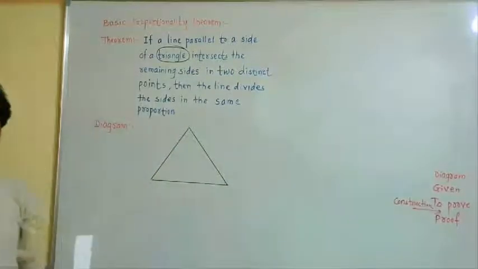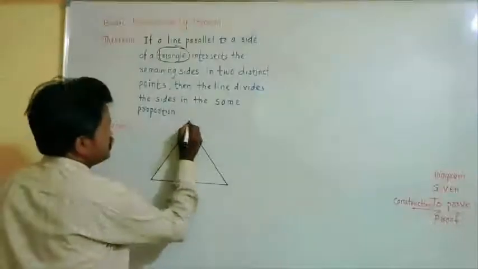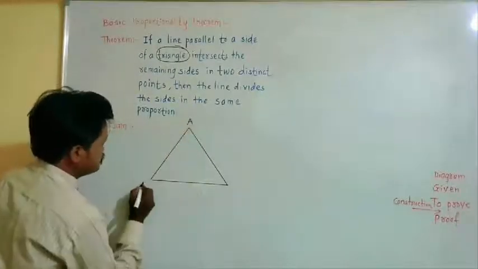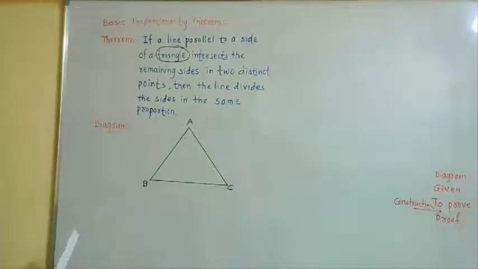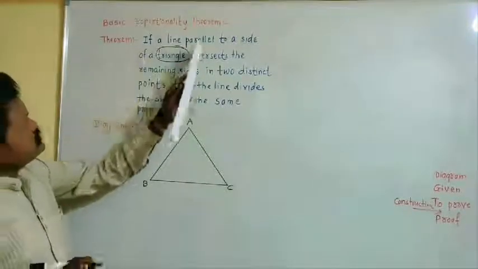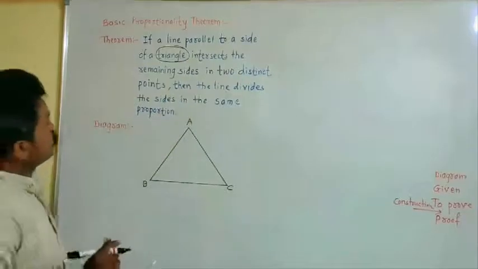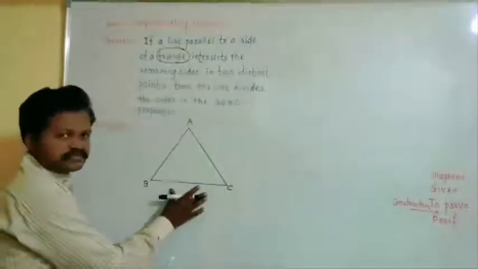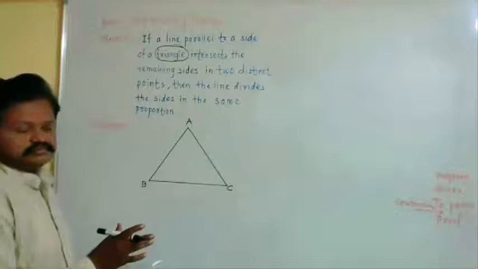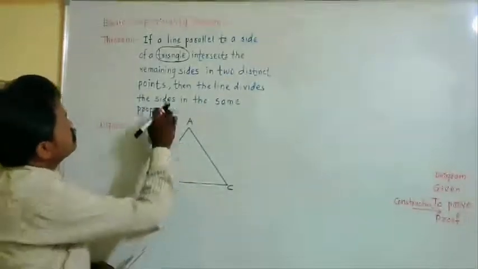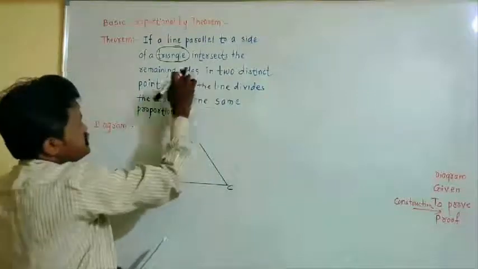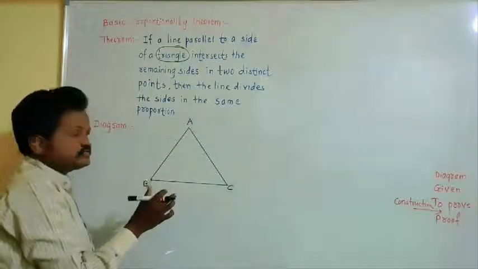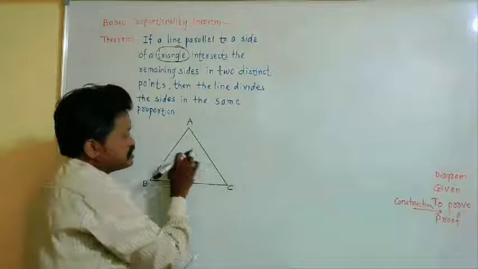Name this diagram with any labels. I write here A, B, C. ABC. A line is parallel to a side. So we take the side BC and a line parallel to the side BC. But this line intersects the remaining sides. So we draw the line intersecting these two sides.